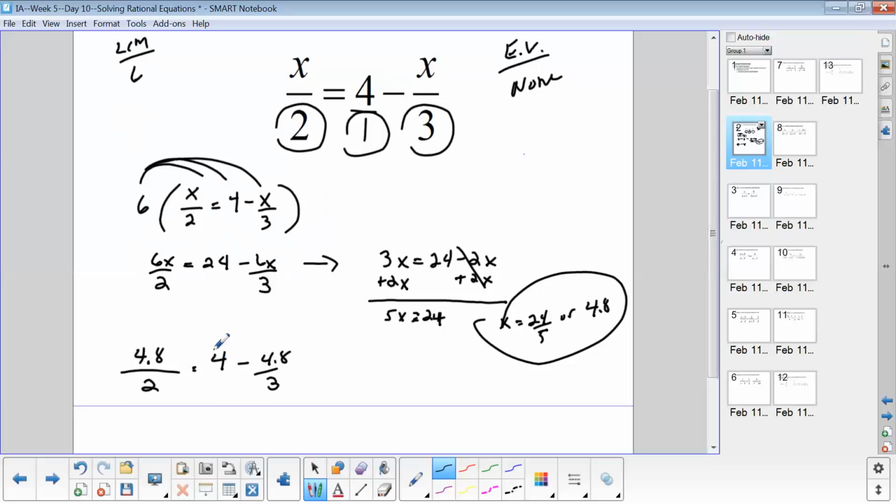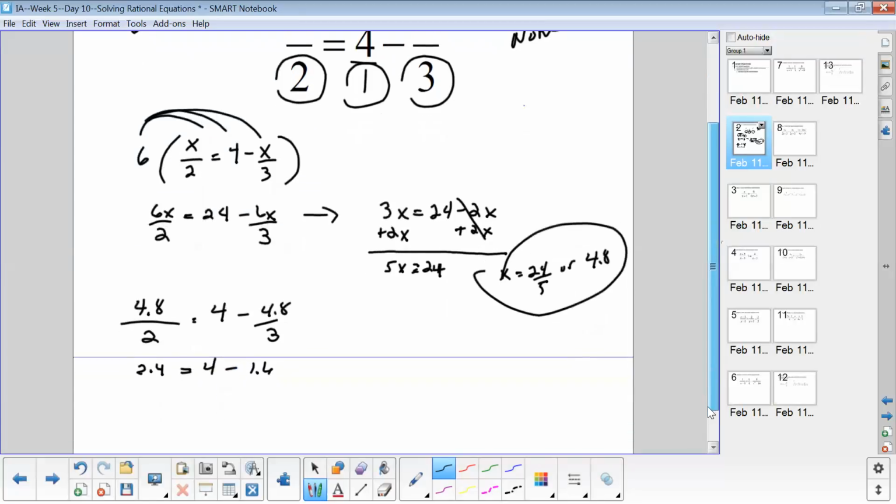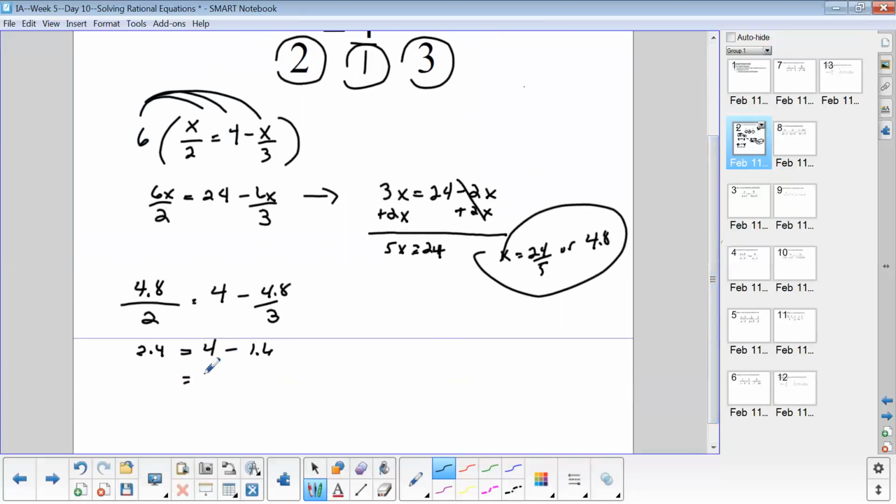And you can substitute that in your calculator. 4 8/10 divided by 2 would be 2 4/10, which is equal to 4 minus 4 8/10 divided by 3, which would be 1 6/10. And 4 take away 1 6/10, you get 2 4/10, and 2 4/10 equals 2 4/10. So that checks. That means this was correct.